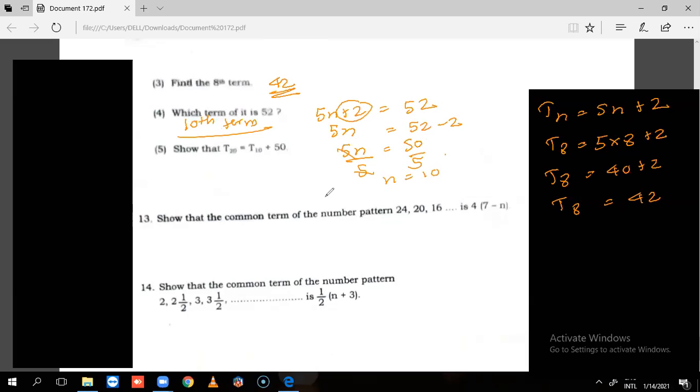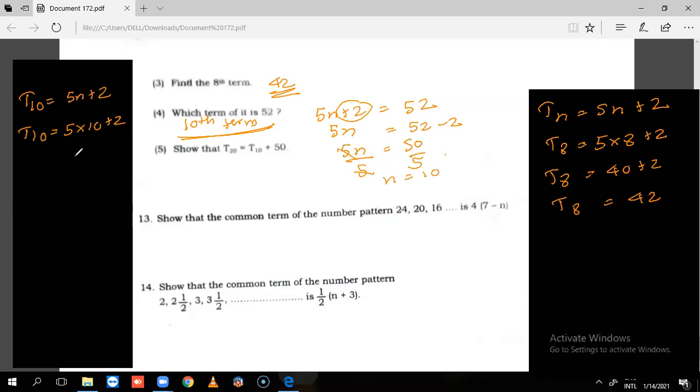Show that T20 equals T10 plus 50. So we have to find T10 and T20 first. Let's find T10. T10 equals 5n plus 2. T10 equals 5 into 10 plus 2.